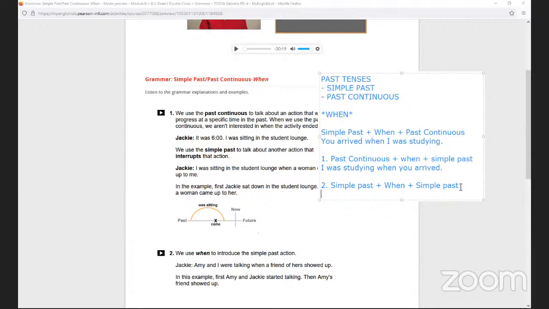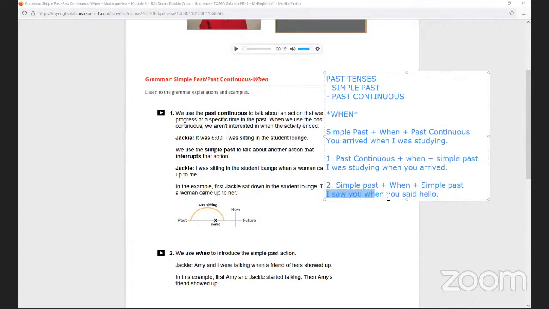For example, I could say, maybe I saw you in the past when you said hello, for example. Okay, so this is in past. I don't know, I moved my face and I saw you. And what happened in that moment? You said hello. So none of these actions was in progress because both started and finished at the same time. Okay.